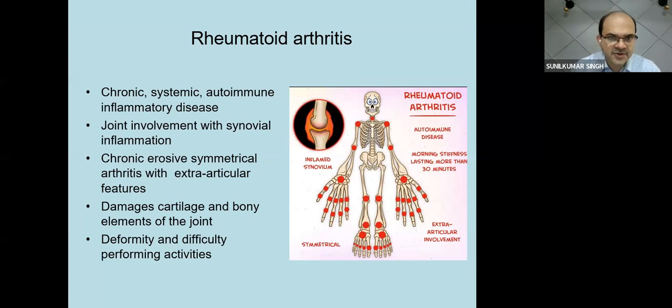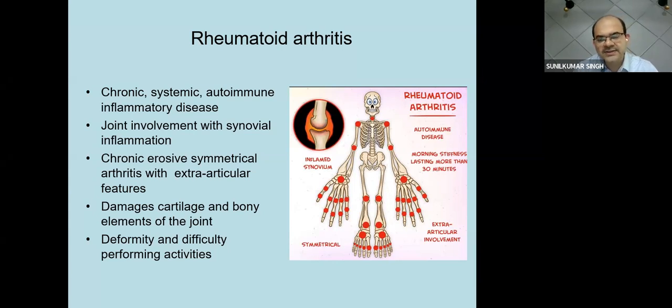When we look at rheumatoid arthritis, we know that it's a systemic autoimmune disease. It's inflammatory, it's chronic. The main target of involvement are joints, particularly the synovium. So it comes with synovial inflammation, and it erodes the joints, therefore it is erosive. It is a symmetrical pattern arthritis, as you can see on the picture on the side.